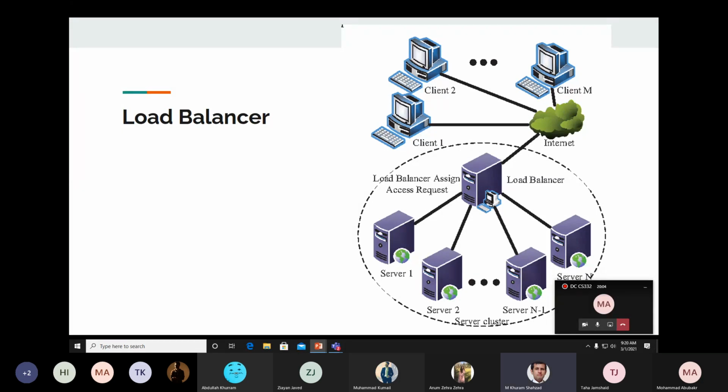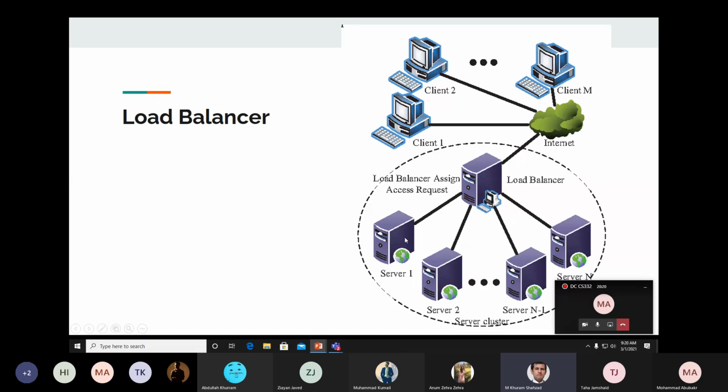Yes, this is being done, but how? You are right. The internet forwards these queries to some master server.